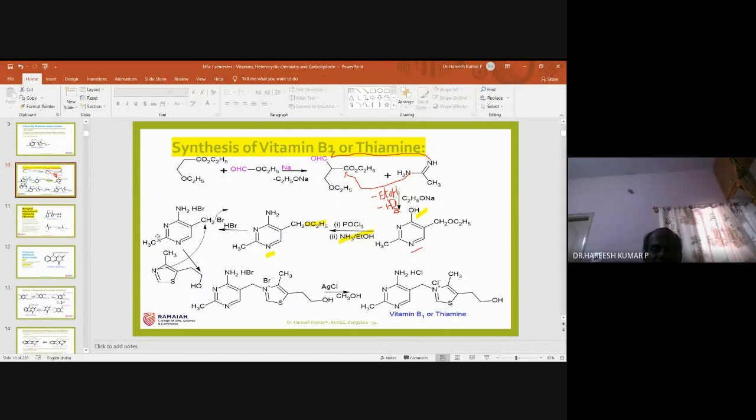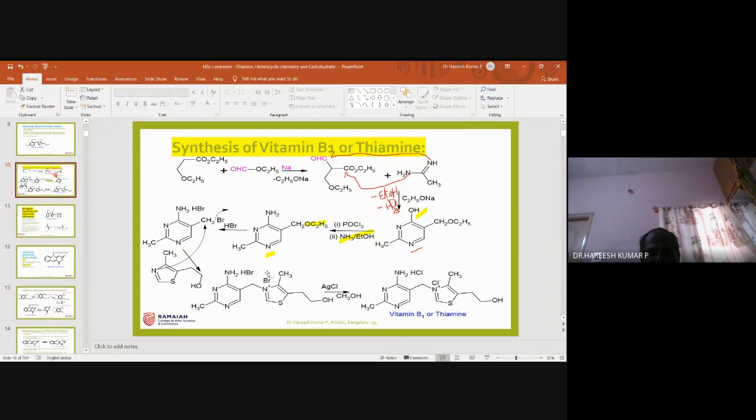This is pyrimidine, which of course has aromatic property, and this carbon is a benzylic carbon. This carbon is attacked by the lone pair present on the nitrogen, and Br will go out. You know that the valency of nitrogen is 3. So when the lone pair is used up in the bond formation, the Br minus will be present as a counter anion. So this is the bromide salt of vitamin B1.